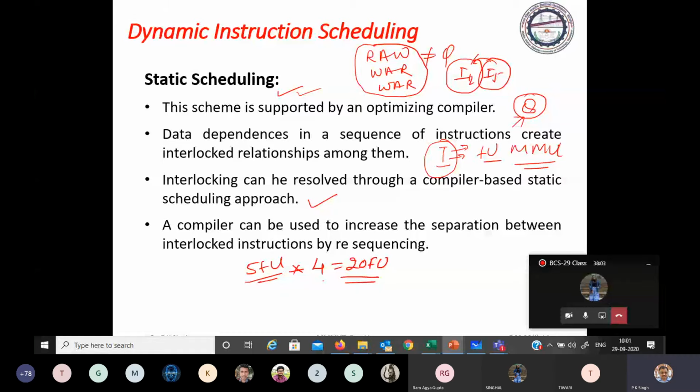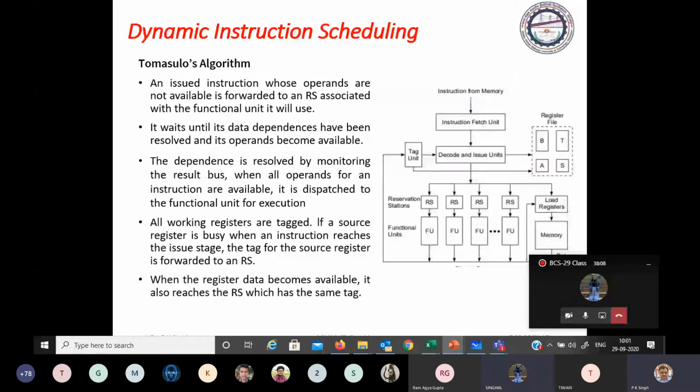You just see here, in P6 microarchitecture we have a unified reservation station, but here, after decoding, the allocation is done to a particular reservation station.